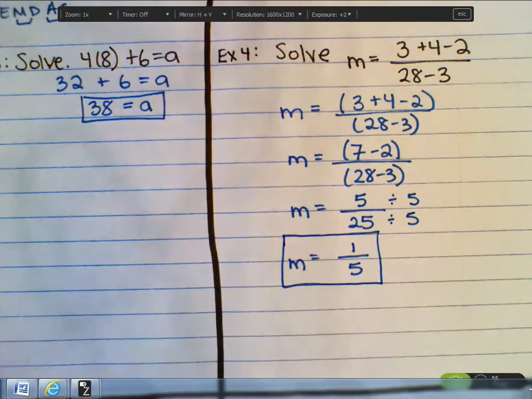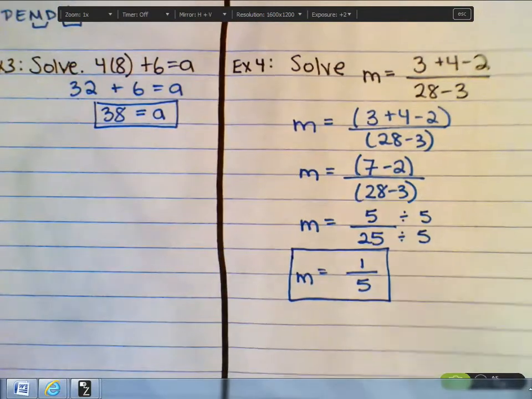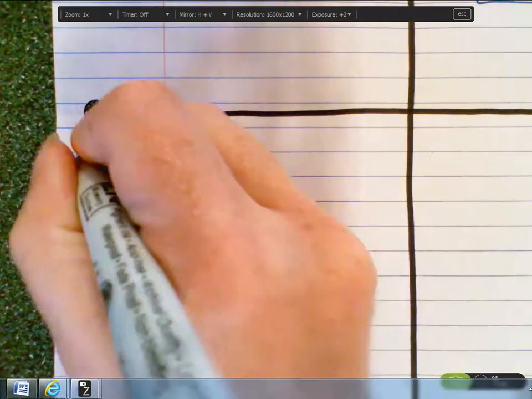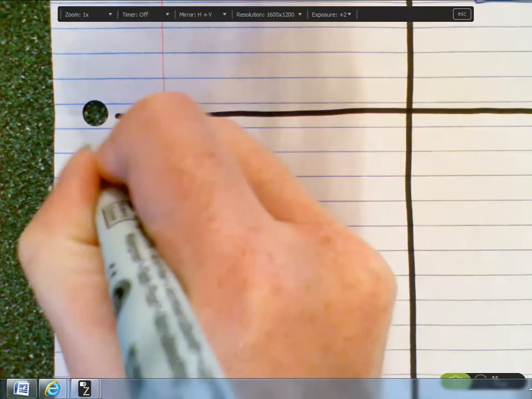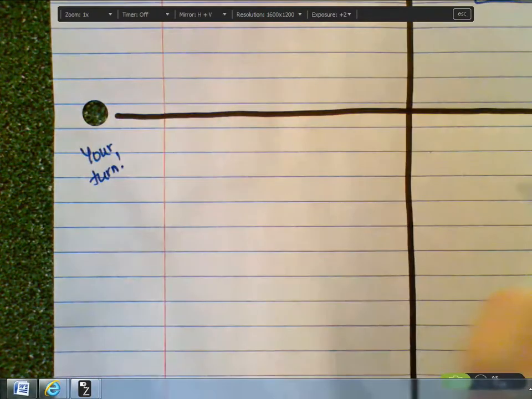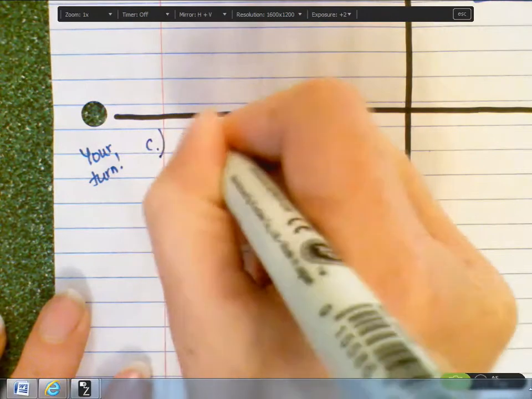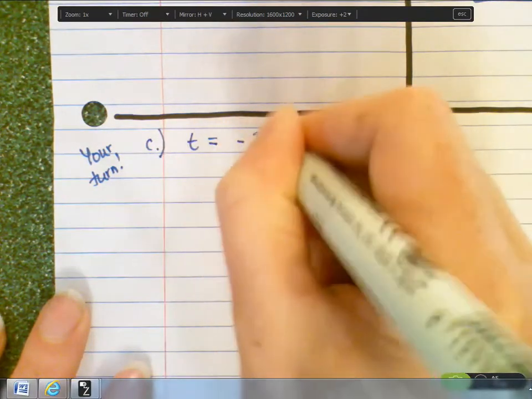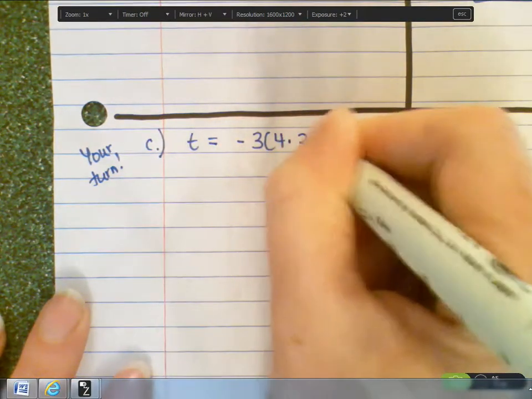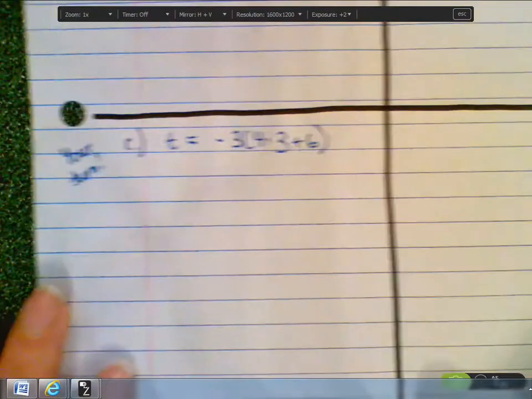Okay, so I'm going to have you do 2 on your own. So go ahead and move down to the bottom of your page. And this is going to be your turn. Okay, so C is going to be, again, that you're solving this. So it's t equals -3, 4 times 3 plus 6. Okay.